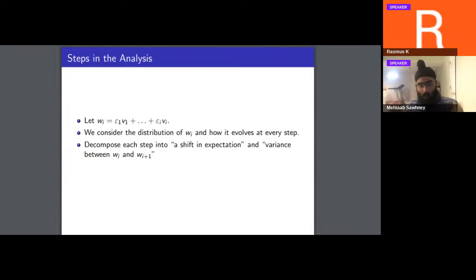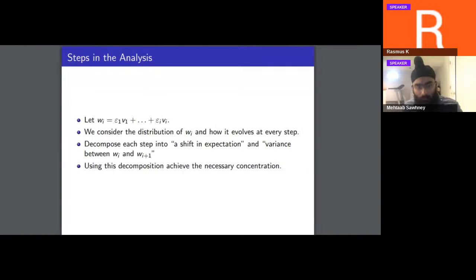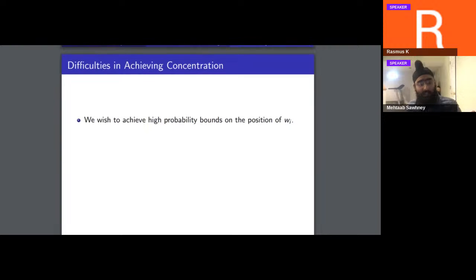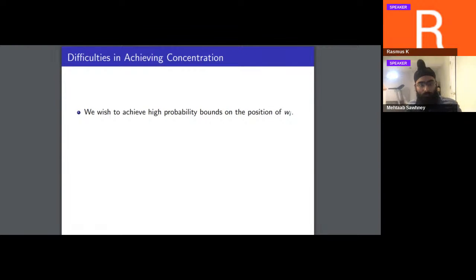Understanding this decomposition carefully is how we'll proceed. Using this decomposition, we'll be able to achieve the necessary concentration. However, the key issue is you actually need to achieve high probability bounds on the position of W_i.